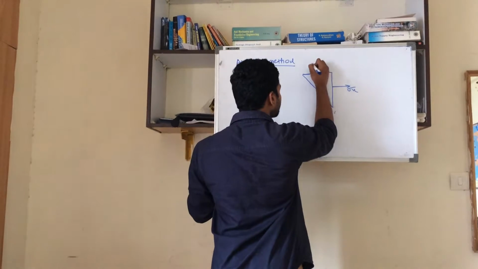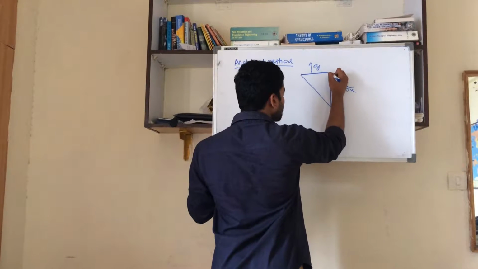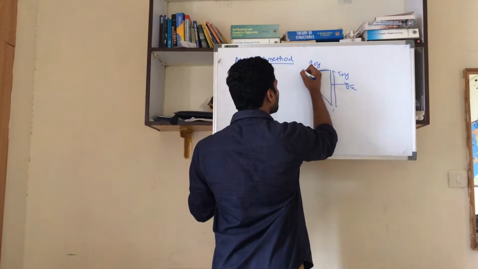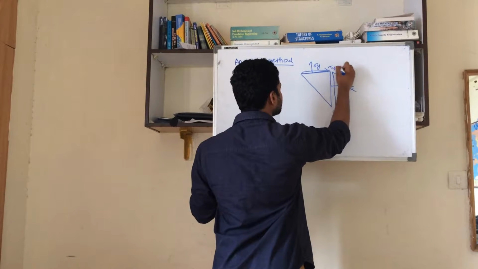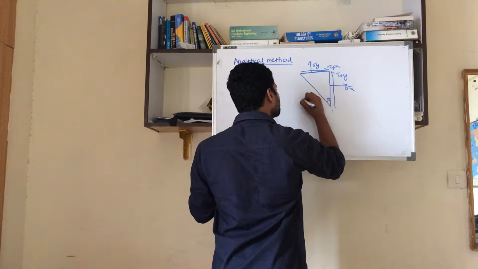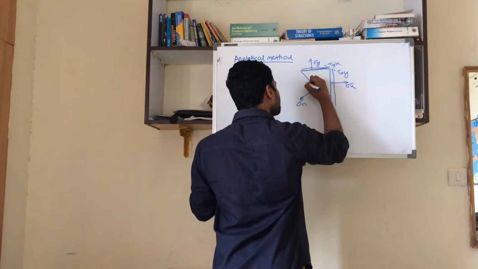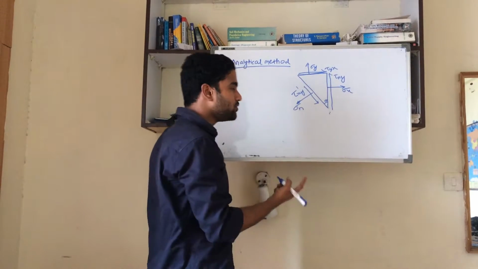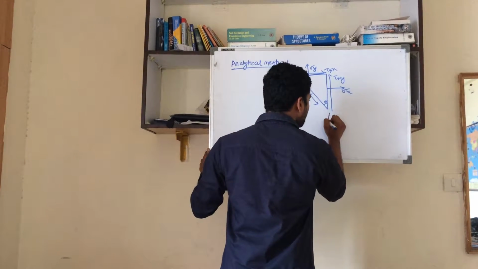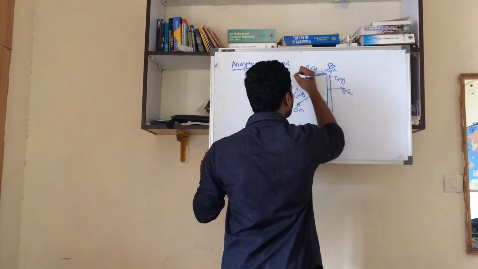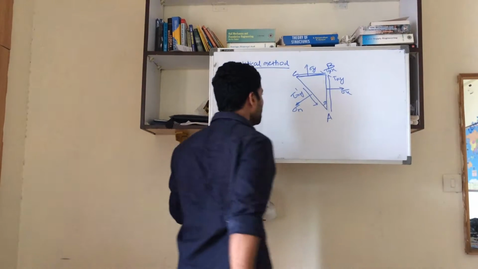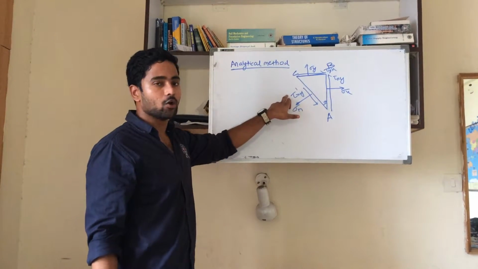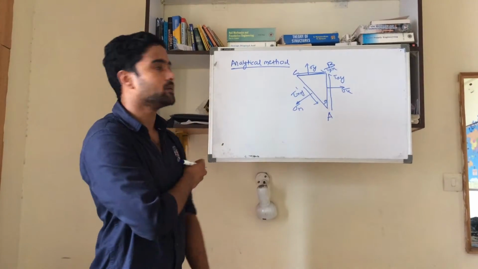This is sigma x, this is sigma y, this is tau xy, this could be tau yx, this is theta. It is just part of the previous element, and I am naming these points A, B, C. From this diagram, today we will be calculating sigma n and tau xy dash. So how will we calculate that?